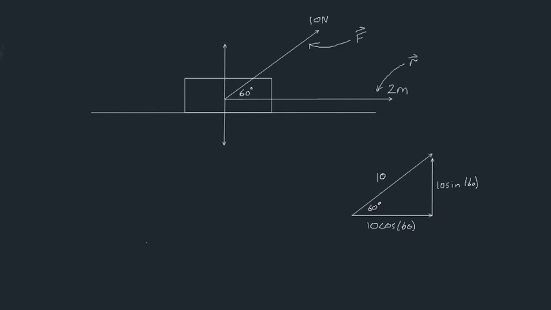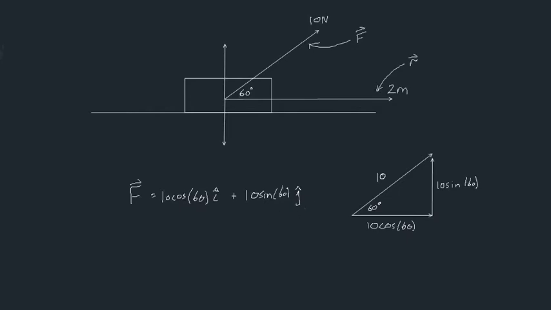Alright, so as such, we can say that your force vector, I'll just write it down here, is going to be equal to 10 cosine theta, or cosine 60 in this case, cosine 60 i, that's your i unit vector, so showing that it's in the direction of the positive x-axis, plus 10 sine 60 times j, and that's showing that it's in the positive y direction.